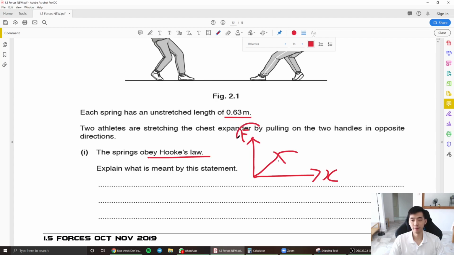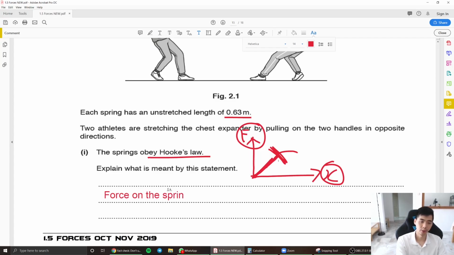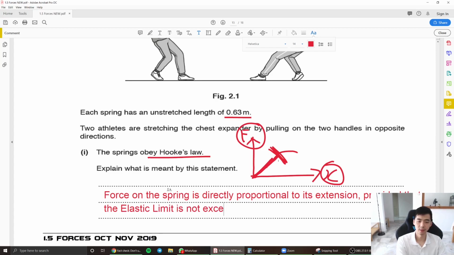Hooke's law states that the force on the spring is directly proportional to its extension, provided that the elastic limit is not exceeded.